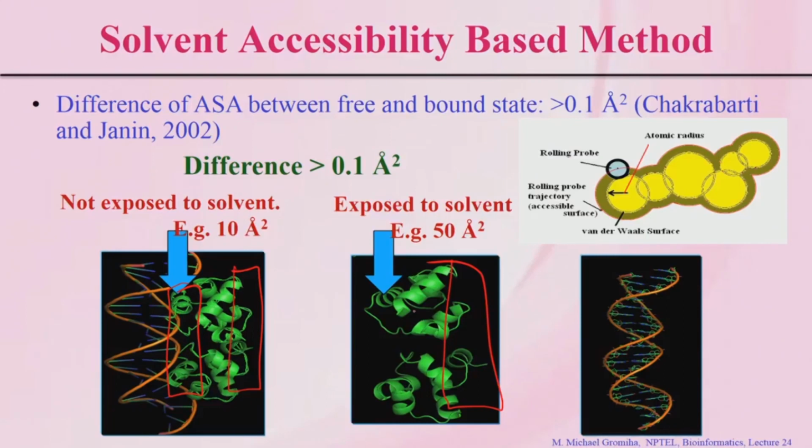Which one has a higher value? Unbound, because in this case it is accessible to solvent. So, this has a higher accessible surface area than in the complex state, because here it is hindered by the DNA; this region is covered by the DNA, hence the area will be less. So, if you compare the solvent accessibilities in the complex and in the unbound state, and there is a difference in accessibility, then what can we say?